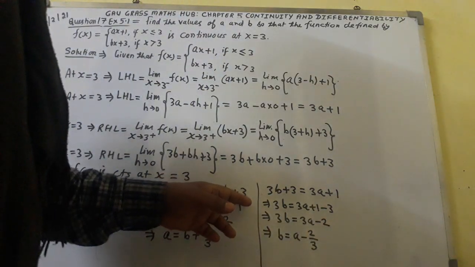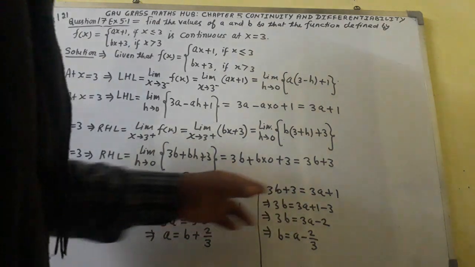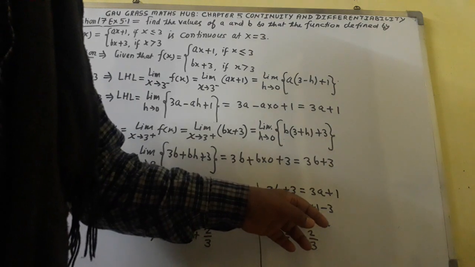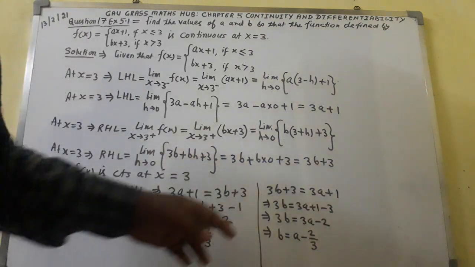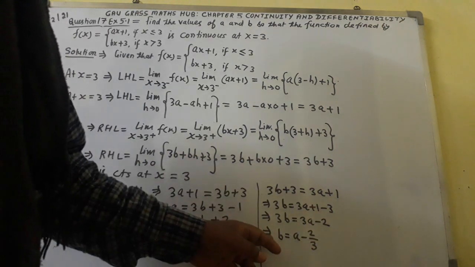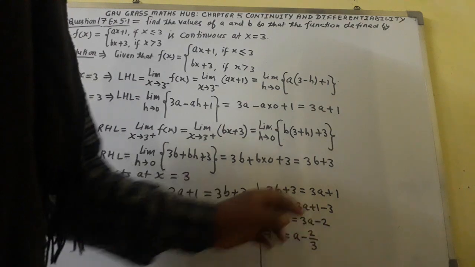So 3b plus 3 equal to 3a plus 1 gives 3b equal to 3a plus 1 minus 3, so 3b equal to 3a minus 2. So b is equal to 3a by 3, which comes out to a minus 2 over 3.